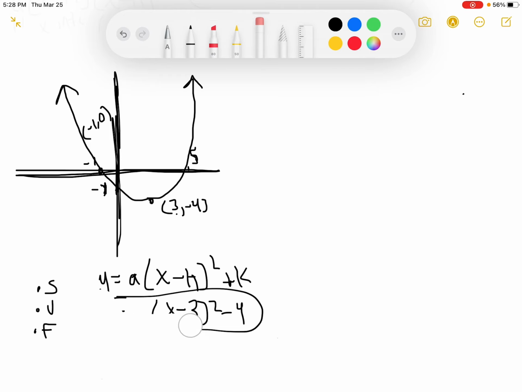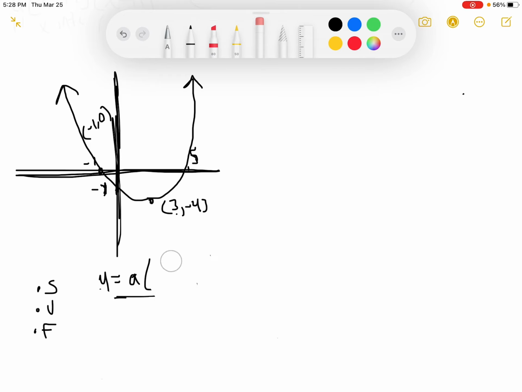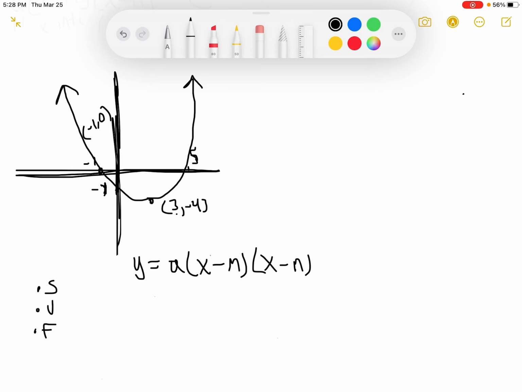You can also do it in factored form. So remember what the default thing for factored form is. Y equals a times x minus m times x minus n. M and n are the zeros. So remember, zeros are -1, 0, and 5, 0. But since they're negative, that means you have to change the sign of it.